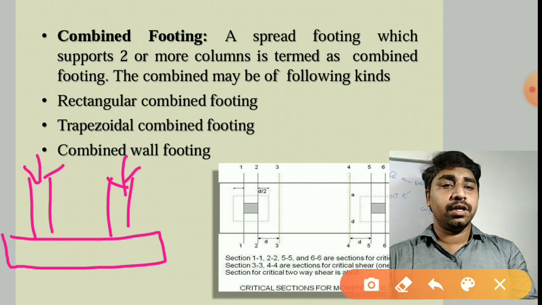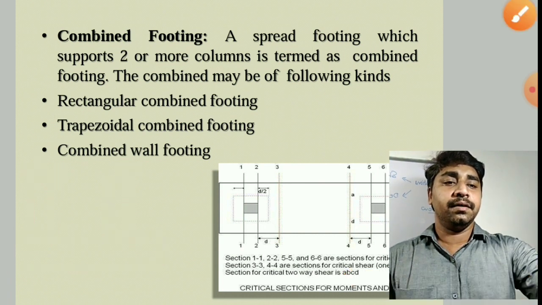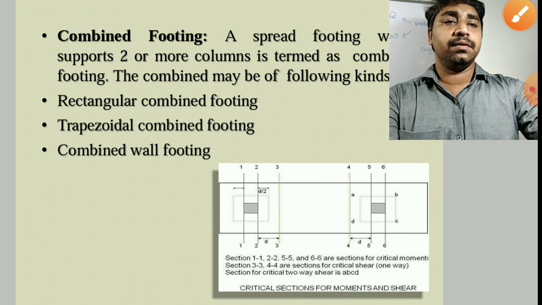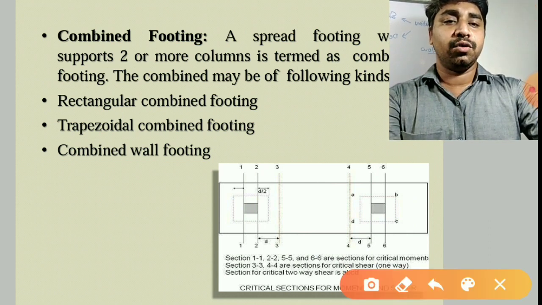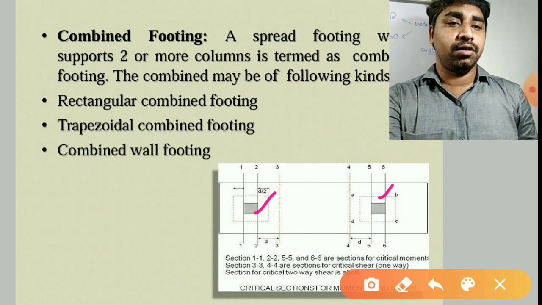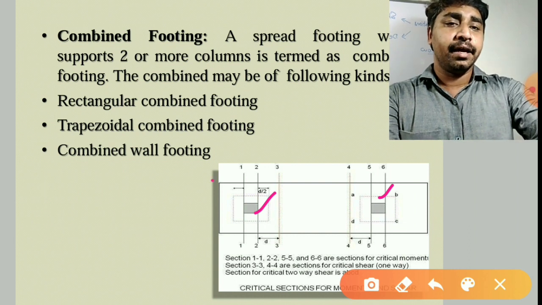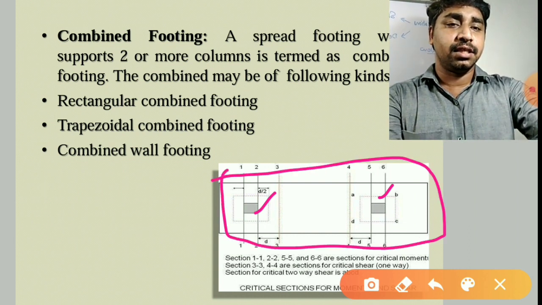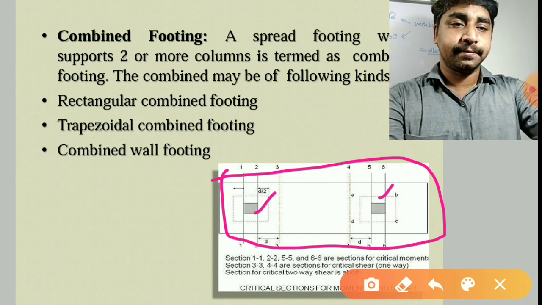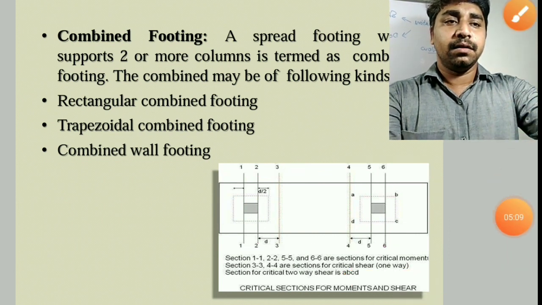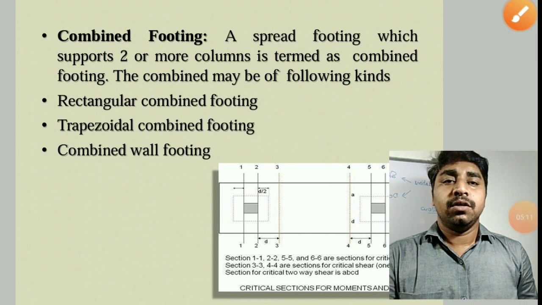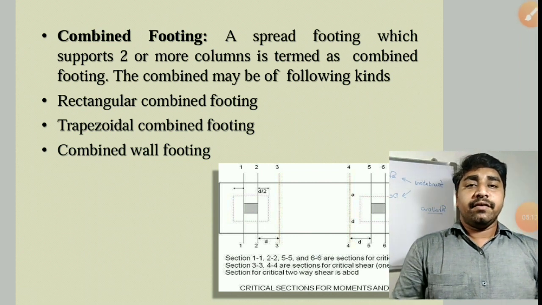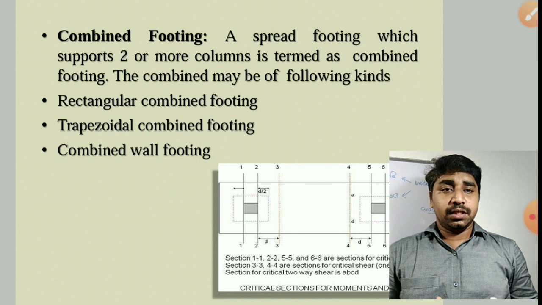So here you can see in the figure, these are two columns, this is one column and this is another column. These two columns are supported by a rectangle like this. So this is a combined footing. A spread footing which supports two or more columns is termed a combined footing.